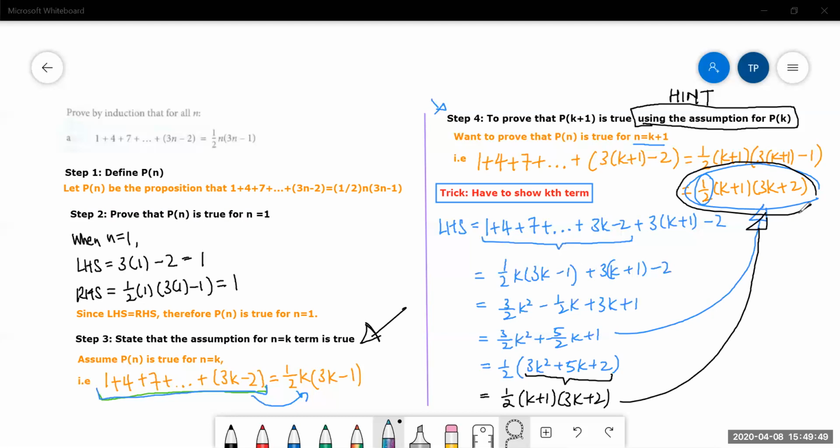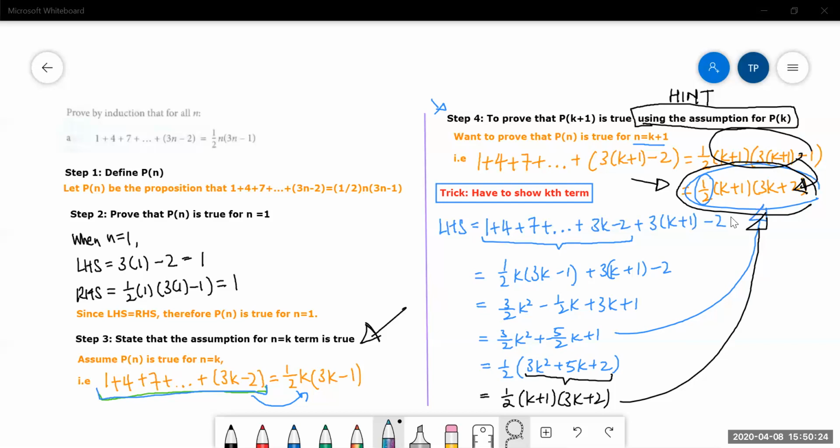But you have to show this additional simplification from here to here. Make sense? Then the last step. So both ways can, but I would prefer not to alter the right hand side by too much.